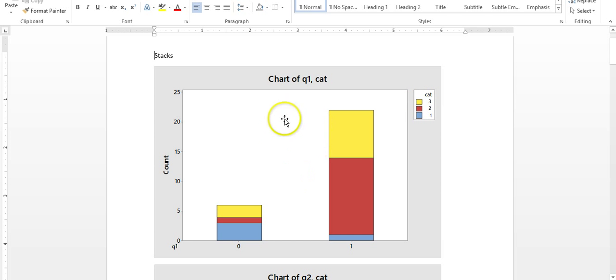So if you look at question 1, the reason that this is problematic, notice that a lot of people got this right, barely anyone got it wrong, so it's not giving us a lot of information about category.